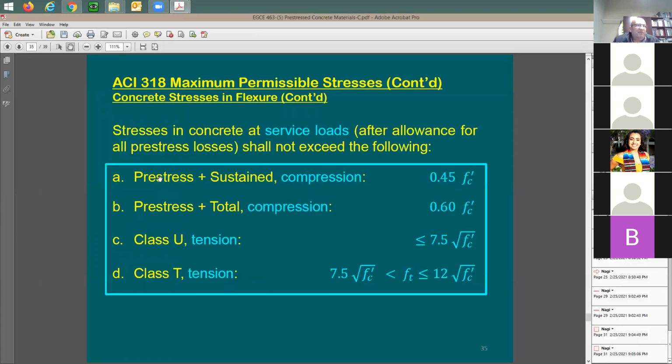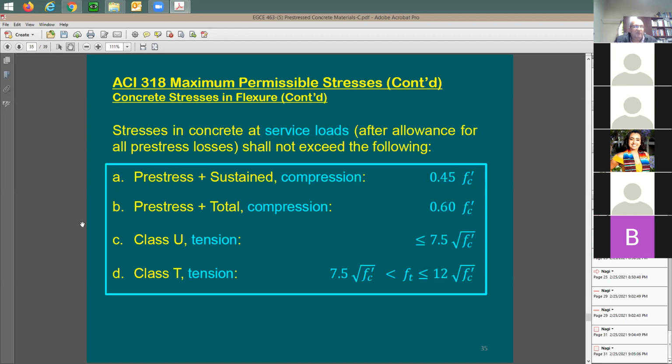It says here, when you have the pre-stress and sustained load, what is a sustained load? Sustained load, which means additional dead load, is going to be 45% F prime C. For the total load, it's going to be 60%. So actually, the code here is asking me to do 3 checks. I thought it's going to be only initial and total or service.